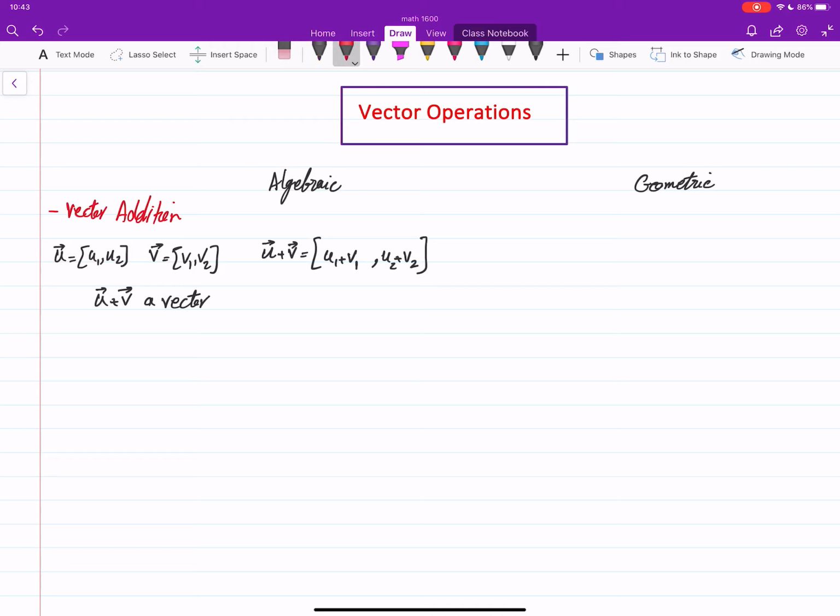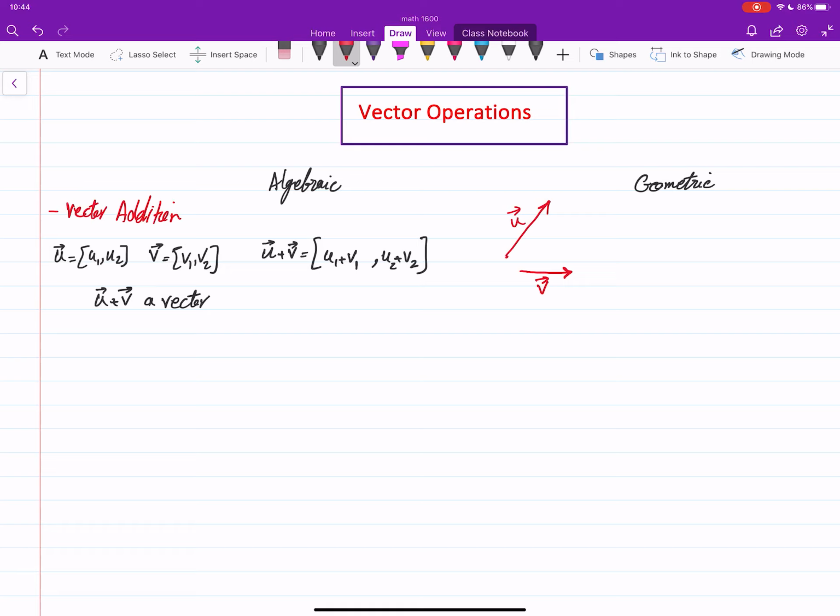If I have two vectors u and v, let's say u is here, v is somewhere here. What is the vector u plus v? There are two ways to do this, and one of them is very natural. If you see vectors as displacement from the tail to the head, adding two vectors tells us the total displacement.